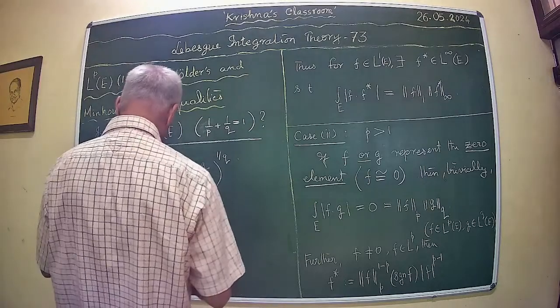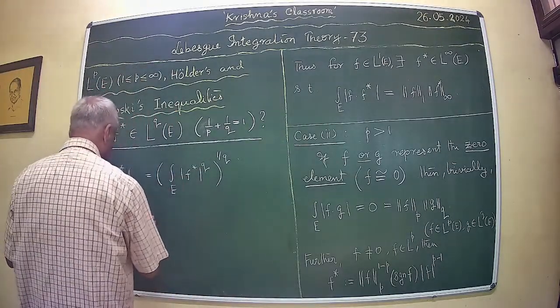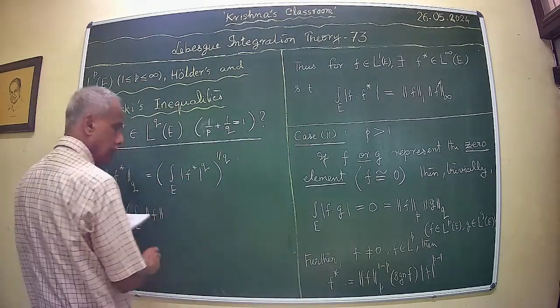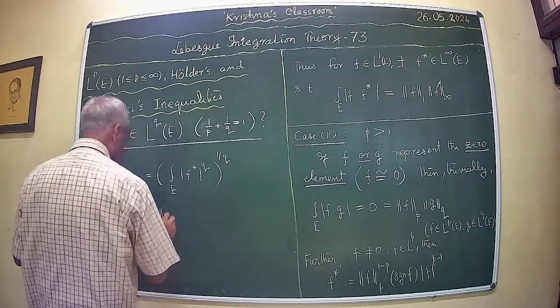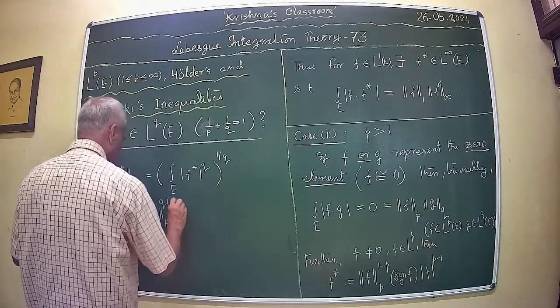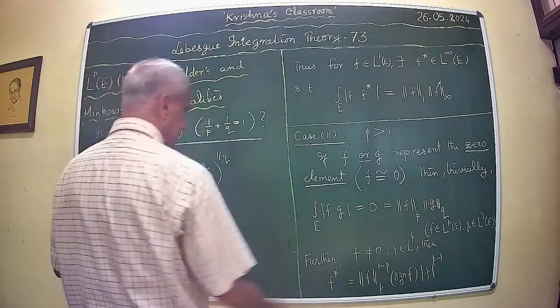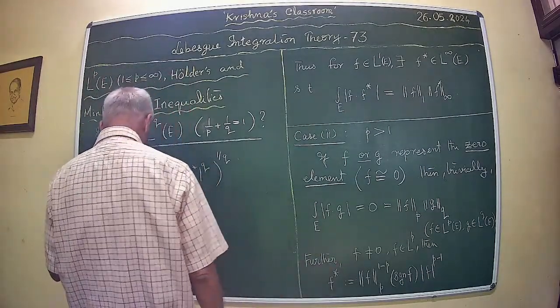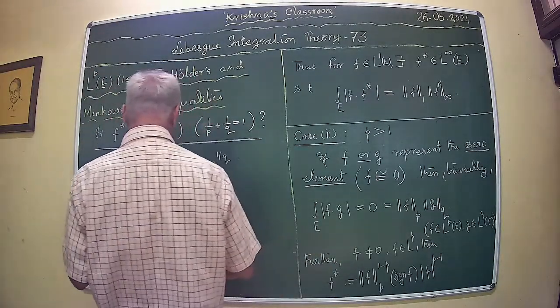Now this becomes, we are taking the qth power and then taking the absolute value of that.